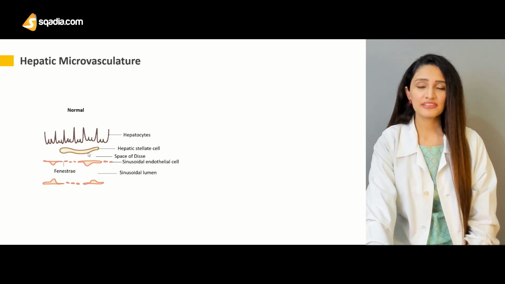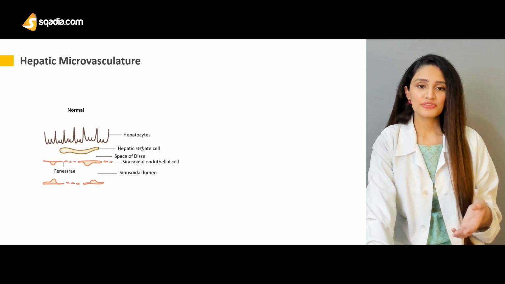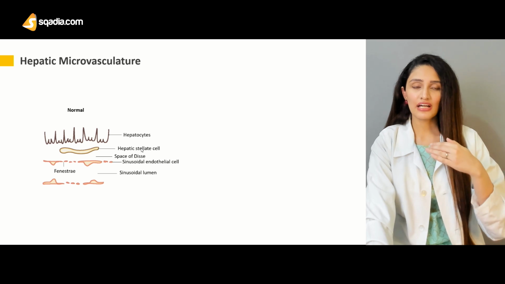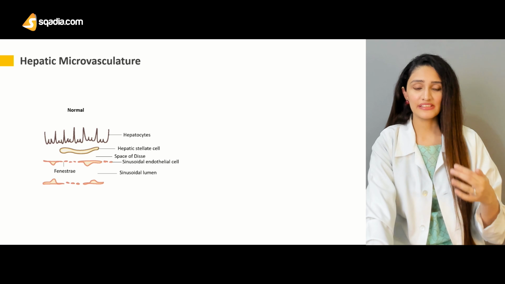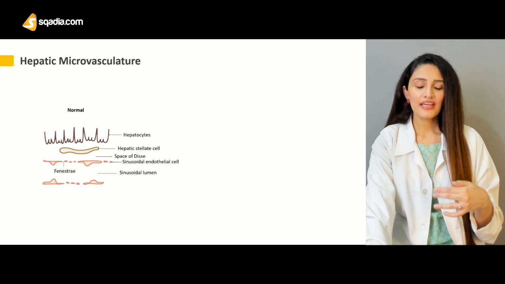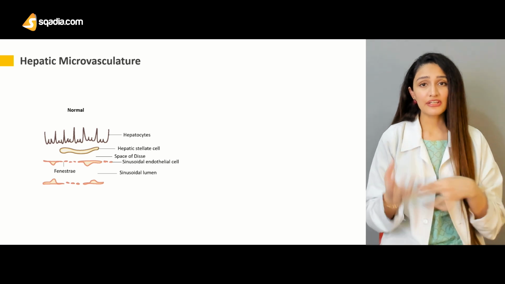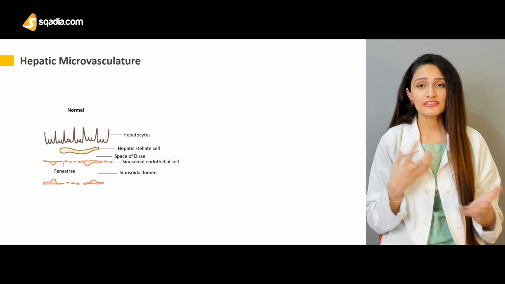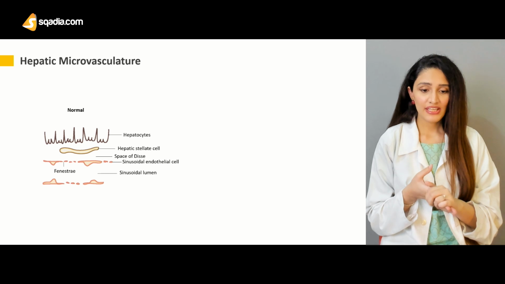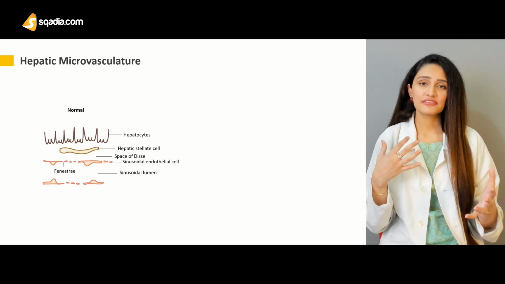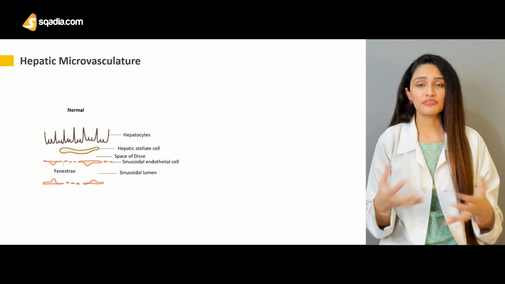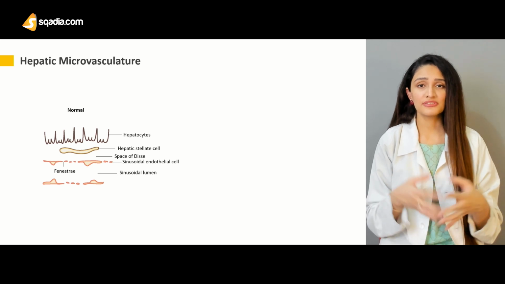Then we've got the hepatic stellate cells, and then the hepatocytes. The hepatic stellate cells are placed outside the endothelial cells. They play an important role in regulating the hemodynamics and the homeostasis of the liver, and they allow the transport of different macromolecules and molecules.